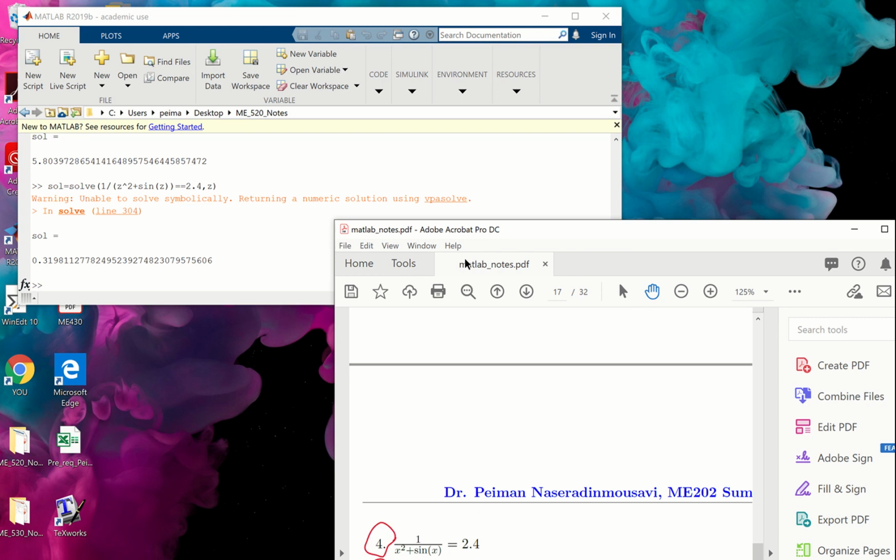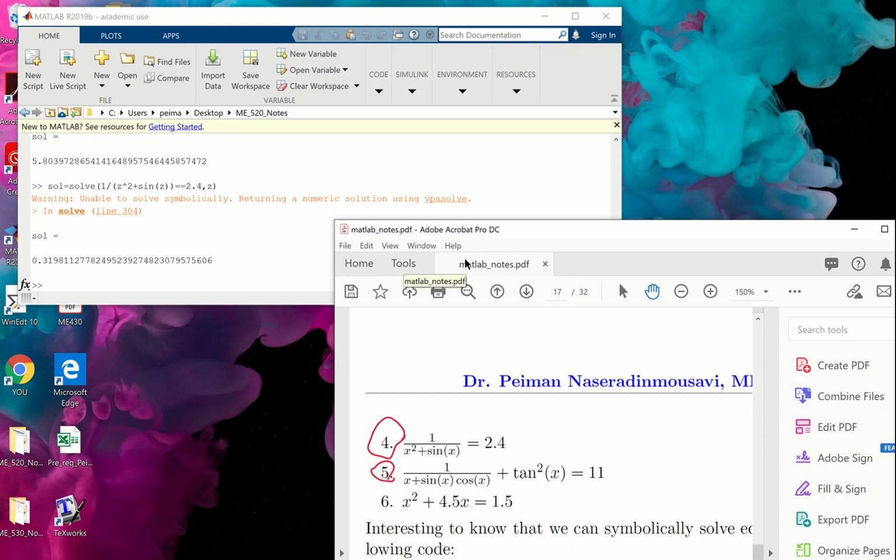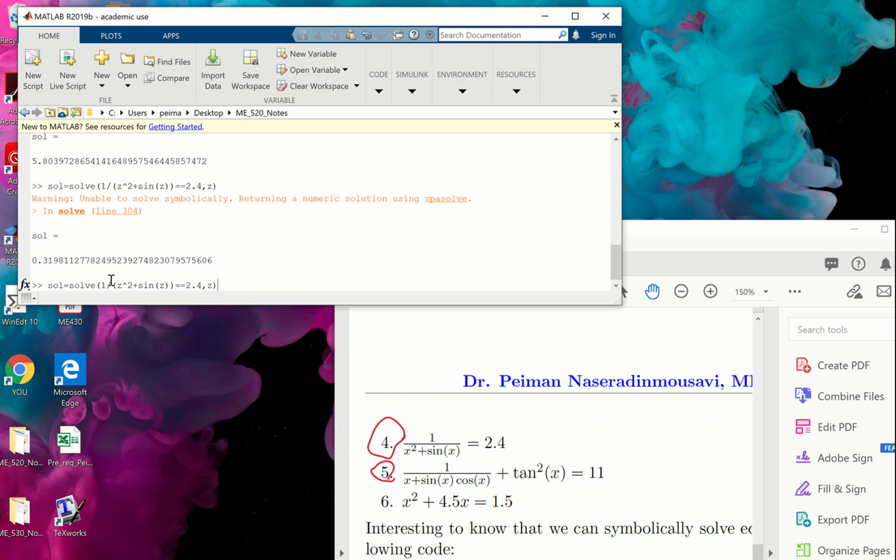I can make it a little bigger, but you can see it. This is number 5, guys. Okay. So again, sticking to the z, it's going to be z times sine of z in cosine of z, plus tangent of z squared is equal to 11.